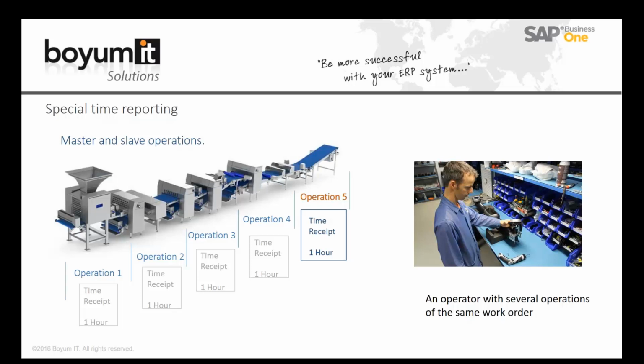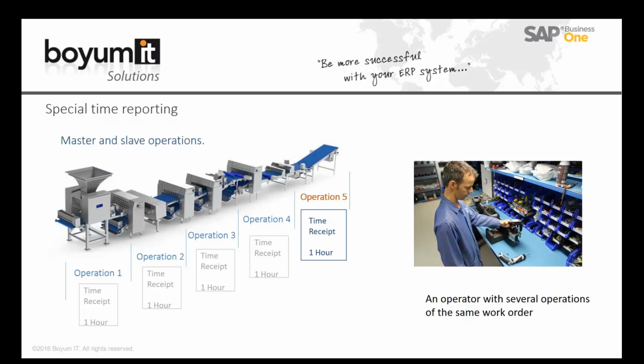But probably at the moment of reporting time, you are not interested in reporting all of them. You have the information on the routing because it's important for the customer to provide the detail about each operation, but not for reporting.